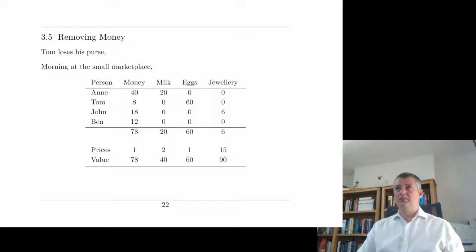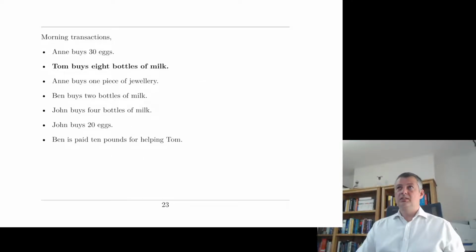So what happens? Well, day starts, Anne buys 30 eggs. But Tom is now reluctant to buy 8 bottles of milk. He does have the money for it, but he's got a lot less money than he used to. So, is he going to do it?